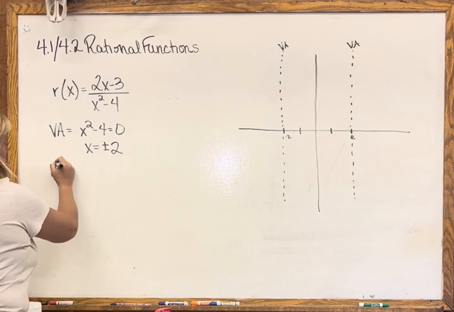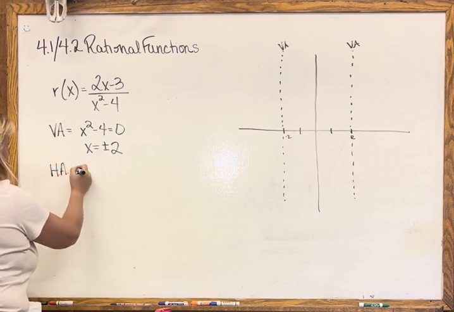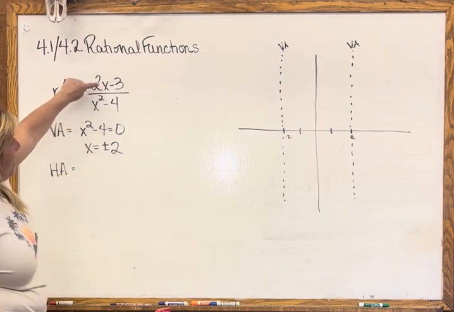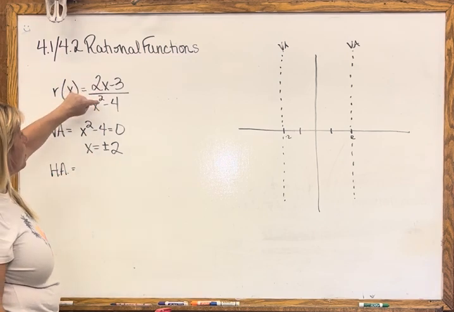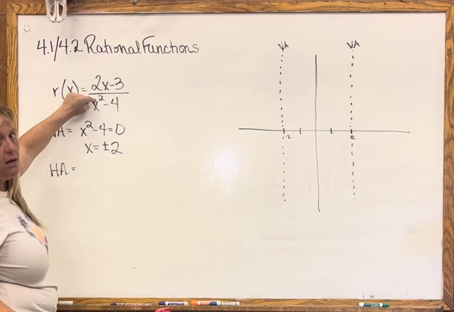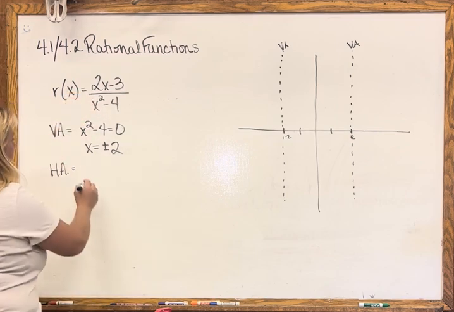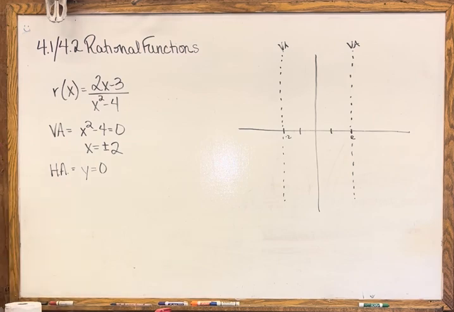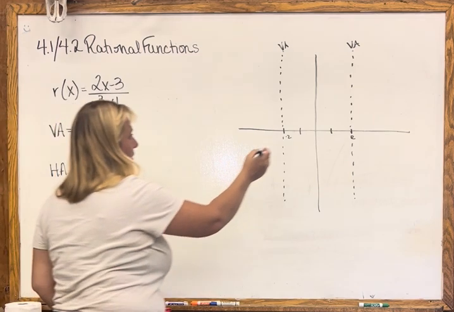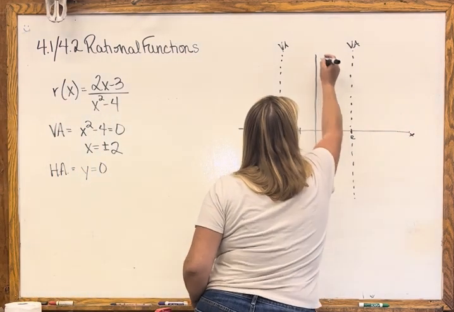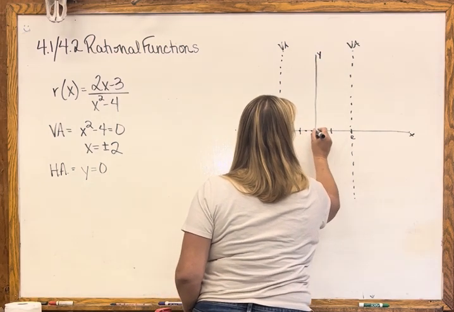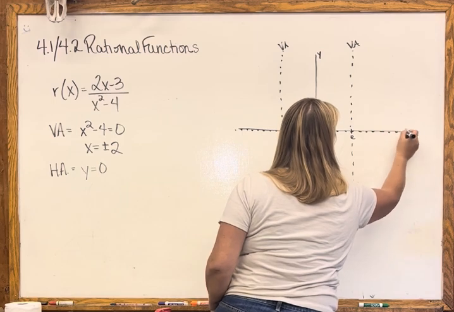Now, our horizontal asymptote, again, we're looking at this part, and the top is smaller than the bottom. So what did that mean? It meant that we have y equals 0 as our horizontal asymptote. I forgot to label my graph here. Now, this one is a little harder to show because the dashed line is right across the x-axis.